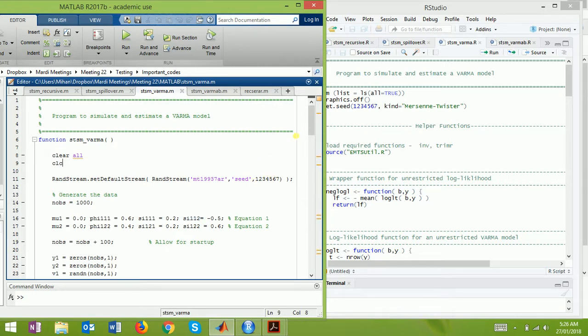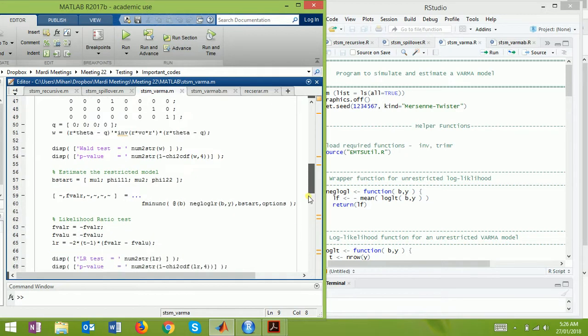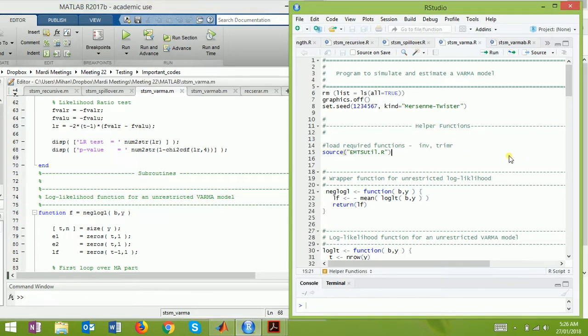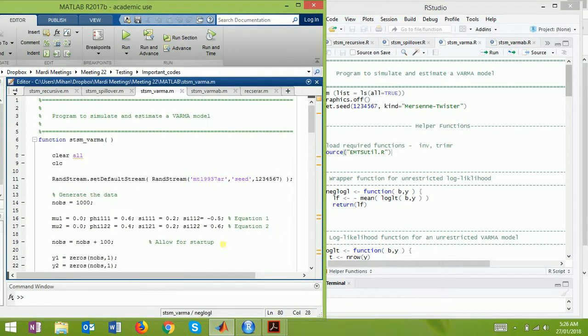Before we begin, obviously this is maximum likelihood estimation, so we will have local functions. First we'll start with the simulation commands. For MATLAB, as we know, it's random stream set global stream random stream with MT19937ar seed 1 2 3 4 5 6 7.